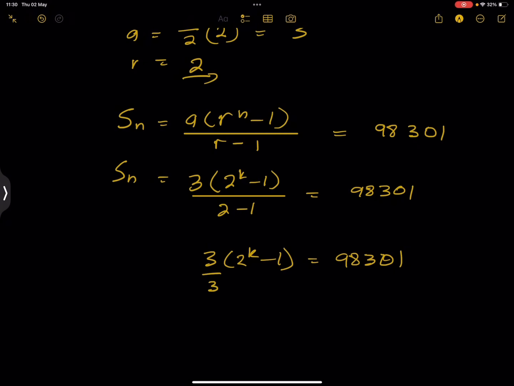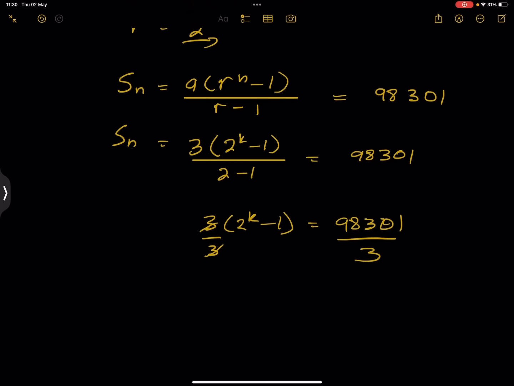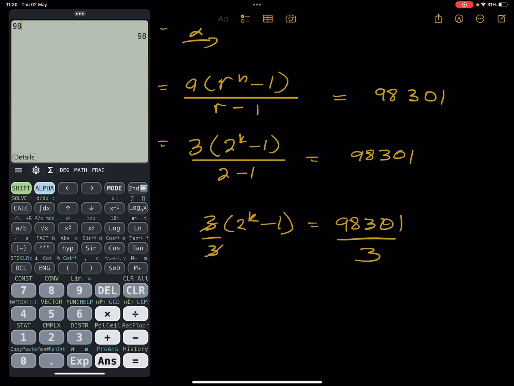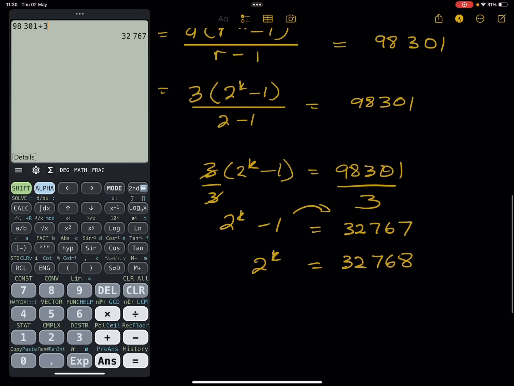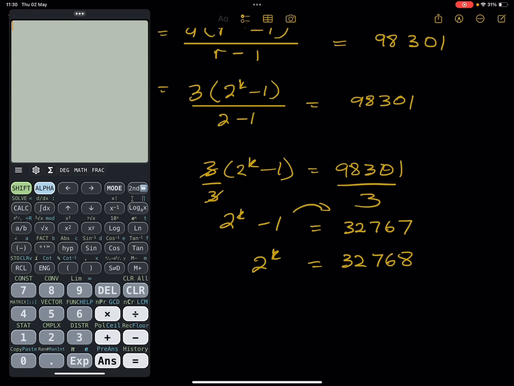And if I divide by 3 on either side, I want you to note what 98,301 divided by 3 is. I've got 32,767, and this will give us 2 exponent k minus 1. And if I take the 1 to the other side, 2 exponent k is equal to 32,768.